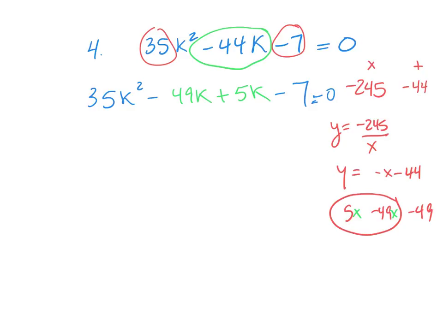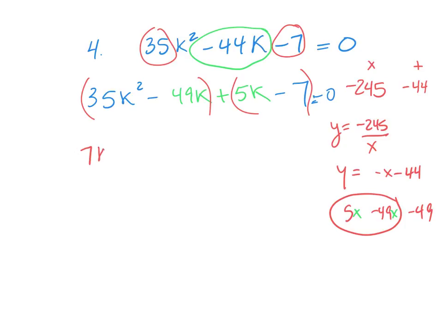So now we're going to regroup. We're going to take these two and these two, and we're going to look at each one separately. So we ask ourselves, what can I take out of both 35 and 49? That would be a 7. And how many k's can I take out of k squared and 1k?